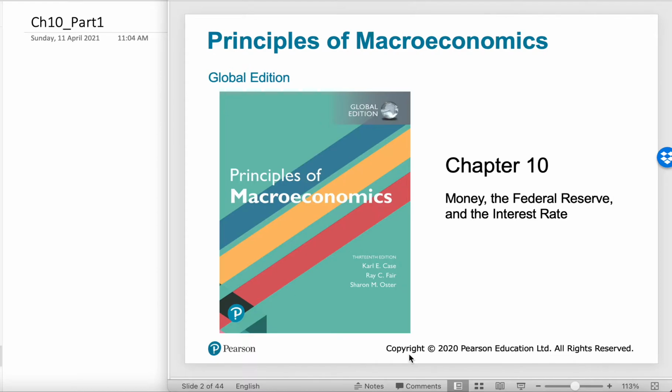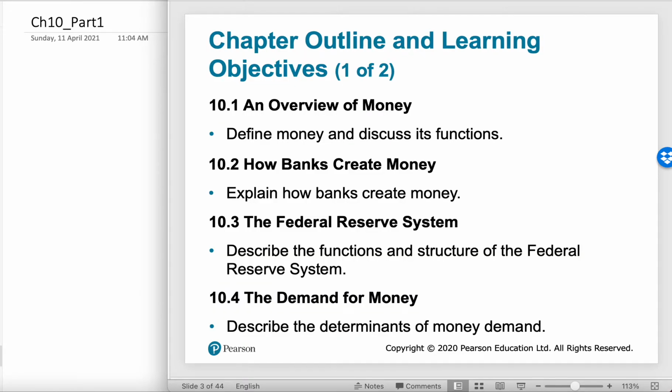It is about the most interesting concept in economics, the money, and fractional reserve system, if you wish. So we are going to have these learning objectives. Number one, we will overview the concept of money.